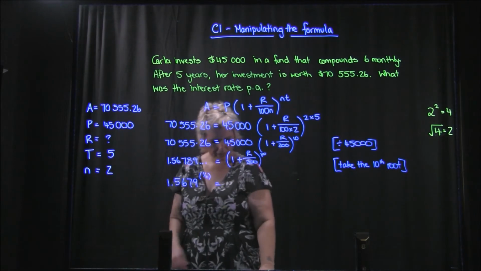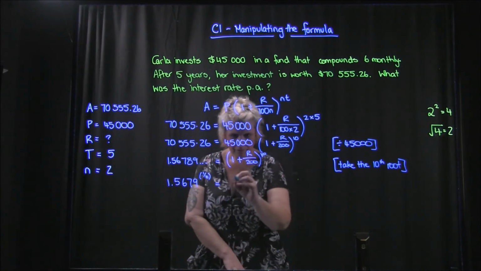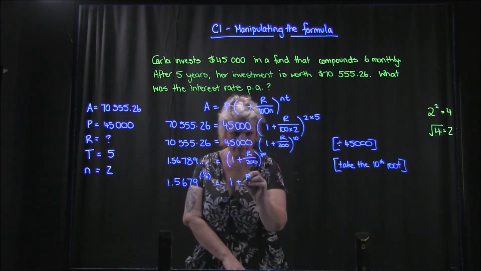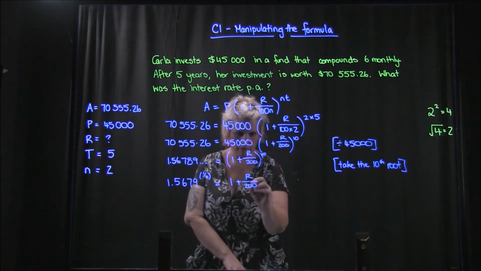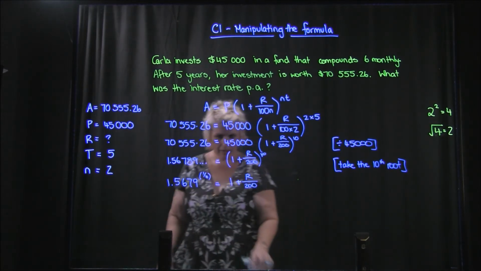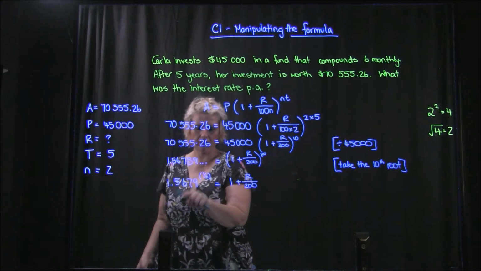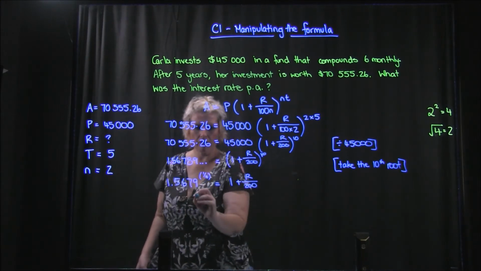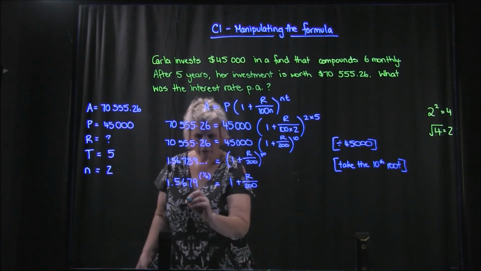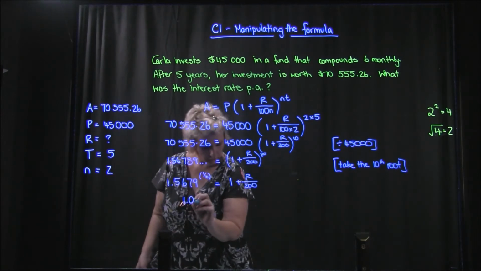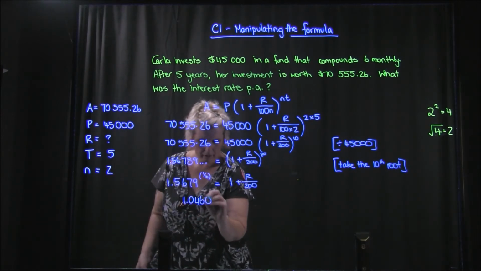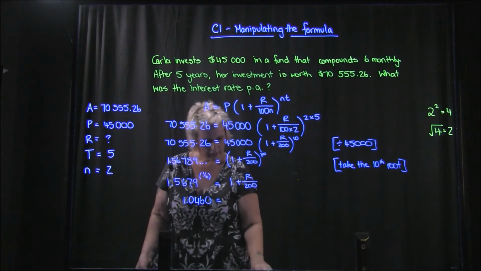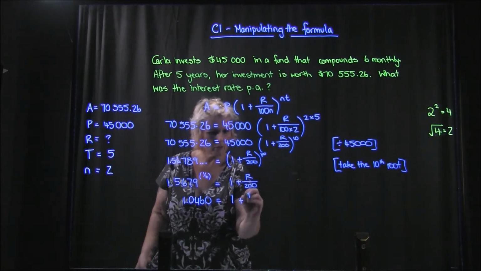Okay, and then that will just leave me with my 1 plus r over 200. Then if I put that into my calculator to the power of 1/10, I end up with 1.0460. Okay, and I'm still left with 1 plus r over 200.